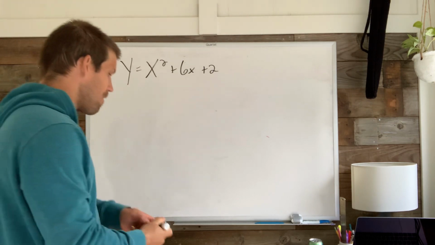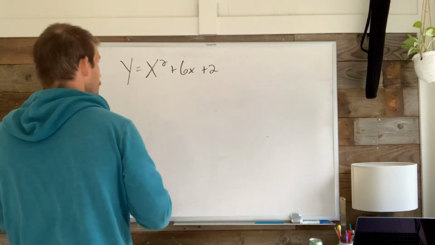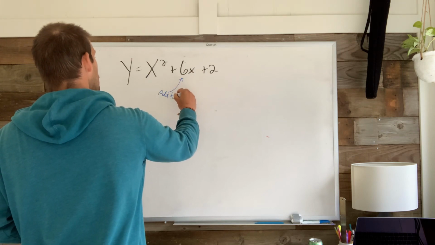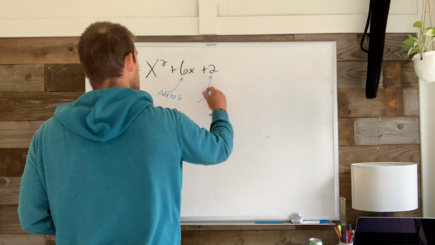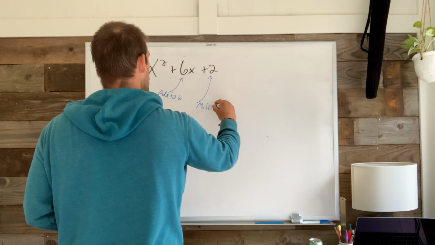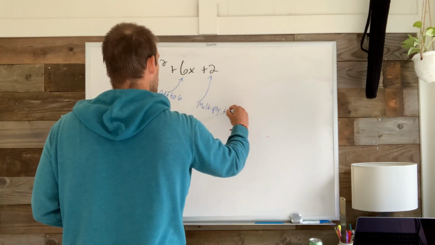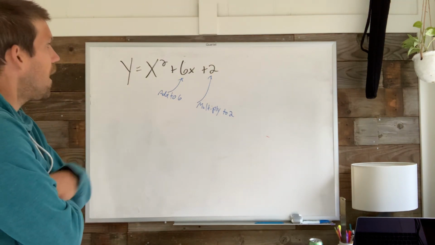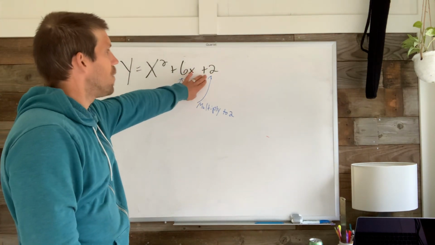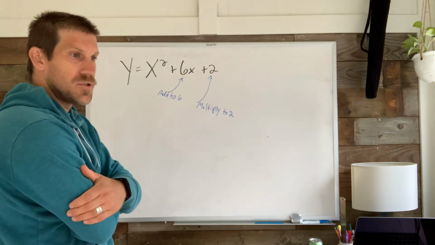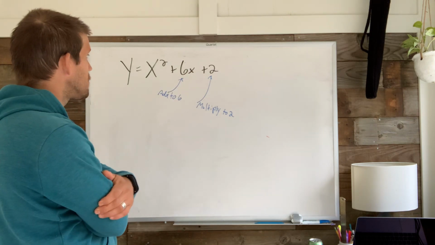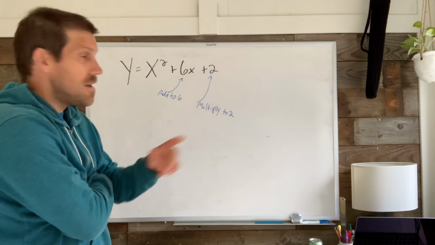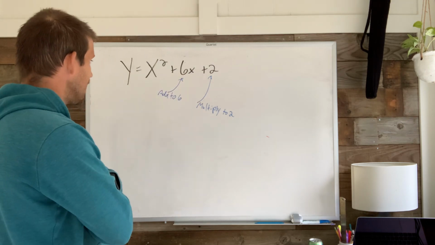Okay, so if we remember, we need to find two numbers that add to 6 and multiply to 2. Okay. So similarly, I like to start by asking what numbers we can multiply to get 2. Well, there's 2 and 1, and there's 1 and 2. You might notice that none of those add up to 6.